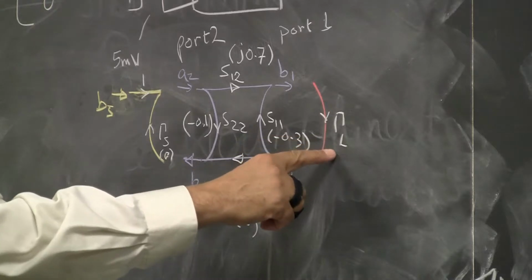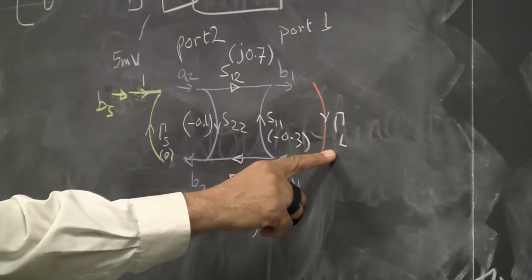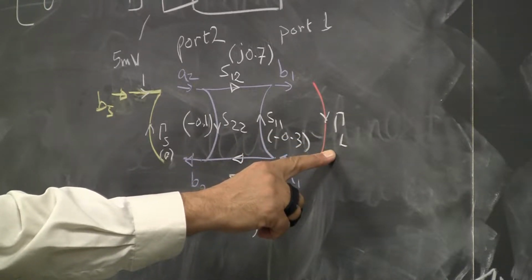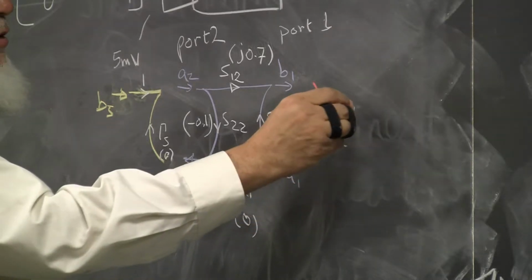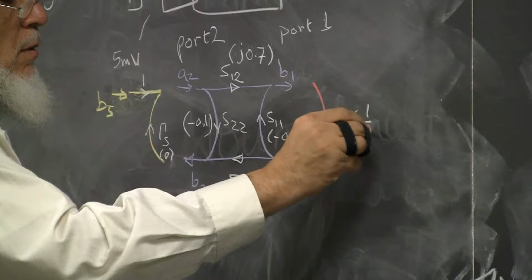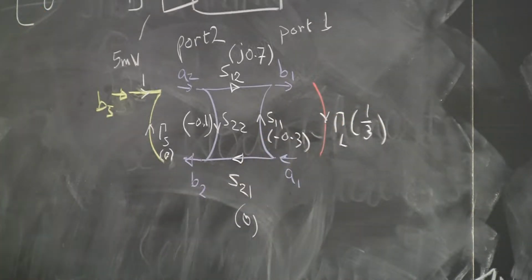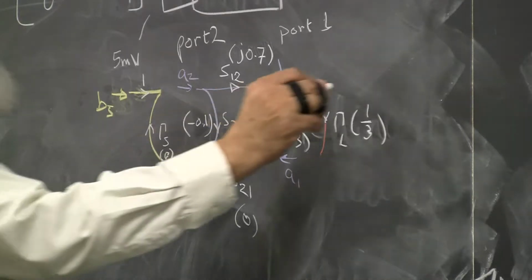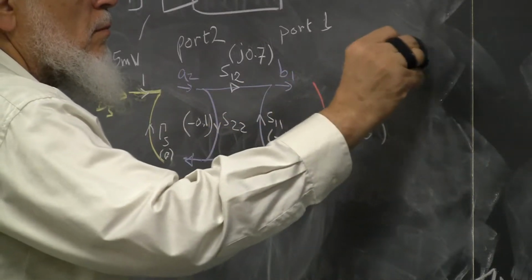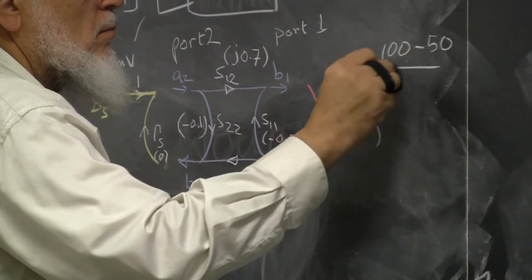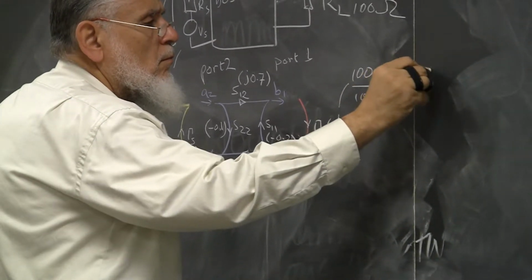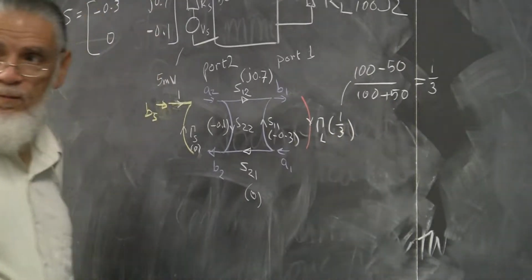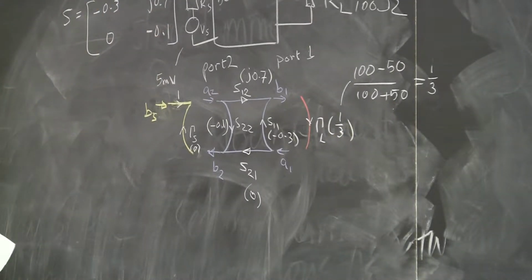And this one here is 100 minus 50 divided by 150, which gives you 1/3. So that's the first part.